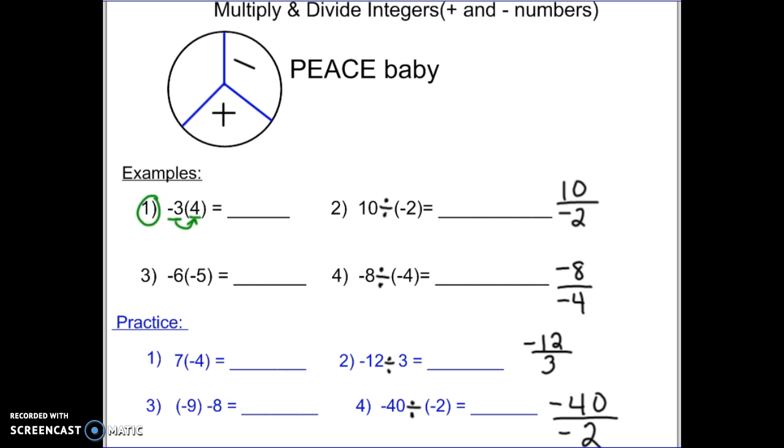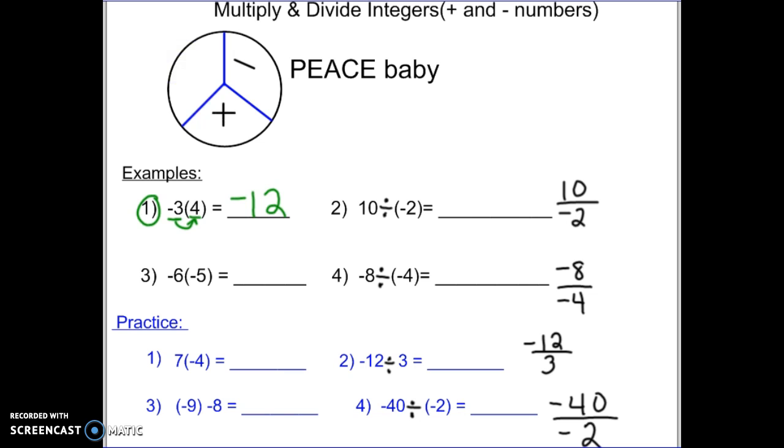So using your Peace Baby, I want you to cover up that positive symbol, because we are multiplying a -3 times a +4. Once you cover up the negative and the positive, it shows you that your answer is going to be a negative. The symbol in the Peace Baby that you did not cover up is a negative. So my answer would be negative, and all I simply do is multiply 3 times 4, and I get -12. So -3 times +4 is -12.